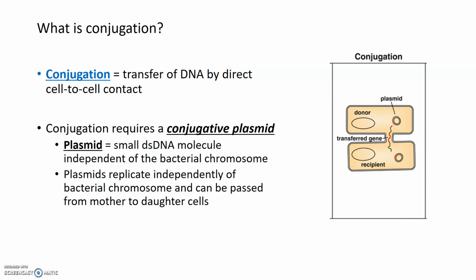To remind you what plasmids are, they're small double-stranded pieces of DNA. They're independent of the bacterial chromosome, and they can be inherited independently from mother to daughter cells, and they can also replicate independently. So for DNA to be transferred from donor to recipient, a donor has to have that conjugative plasmid.